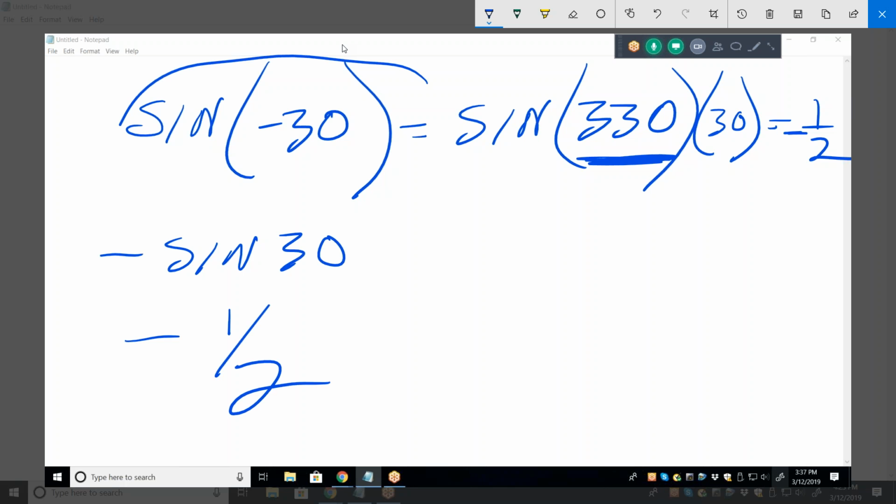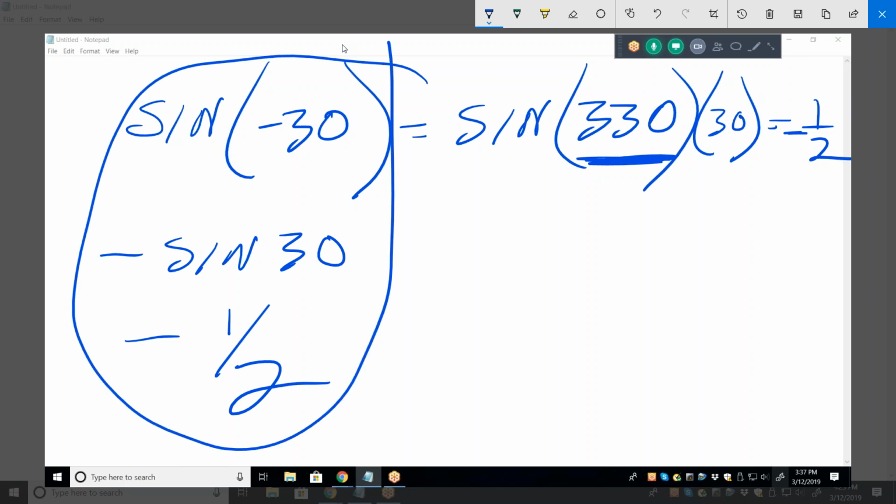Much easier to do it this way. I don't need to invoke this 330-degree angle. And so that's the purpose of learning the odd and even properties of sine, cosine, and tangent. And it applies to their reciprocals also.